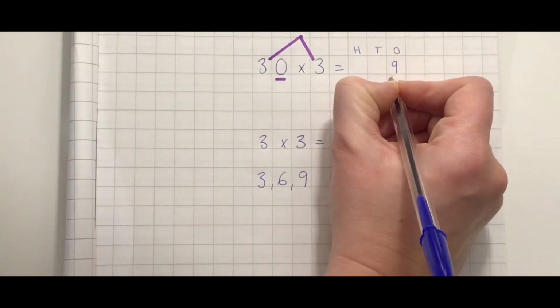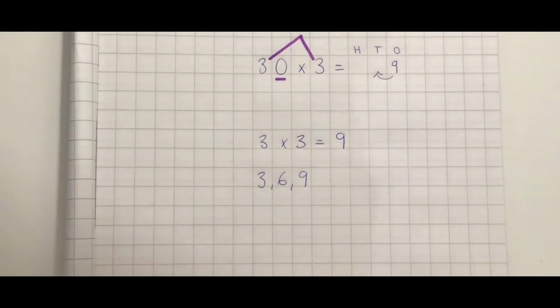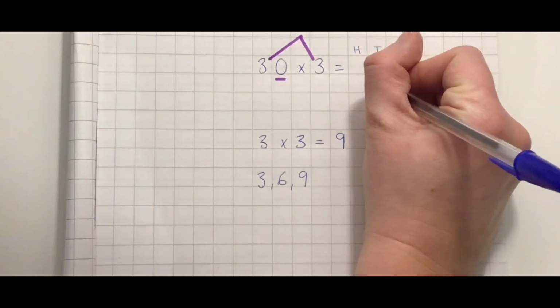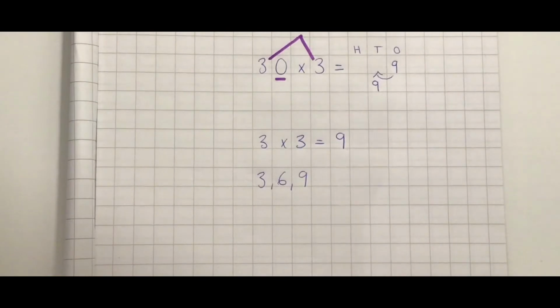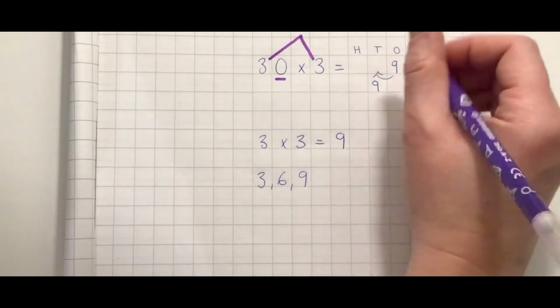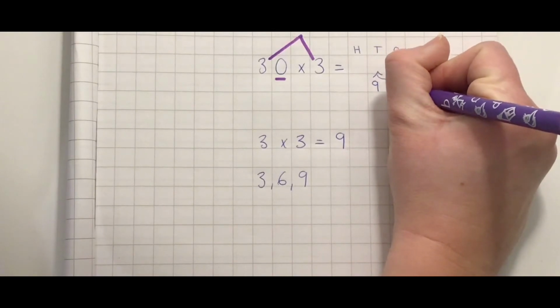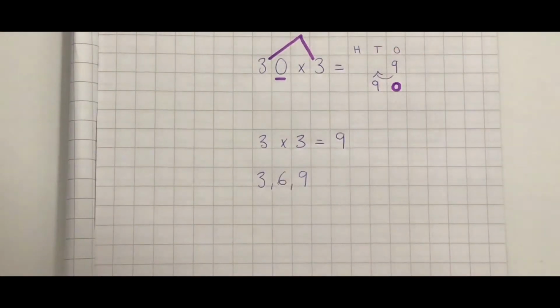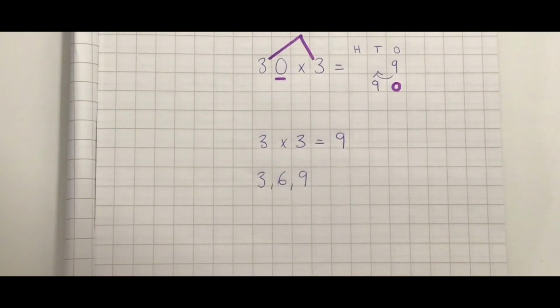So my 9 is actually going to move one place to the left into the tens column. And the 0 that we ignored right at the beginning, we are going to magic it back, and it is going to become our placeholder in the ones column. So we can see that 30 times 3 equals 90.